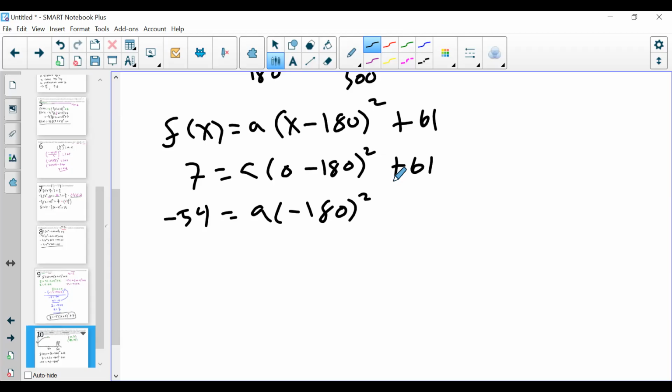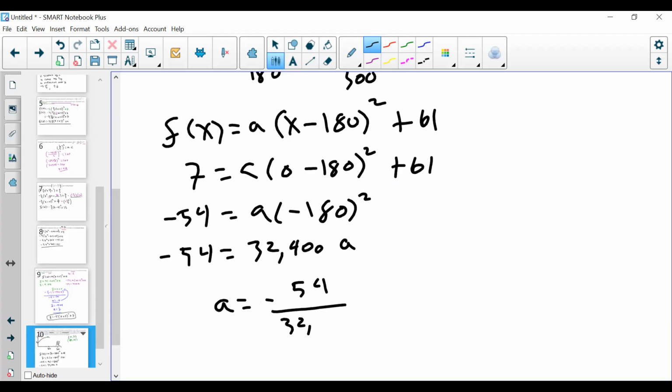There's 32,400. So negative 54 equals 32,400 times a. Divide that over. I get that a is negative 54 over 32,400.